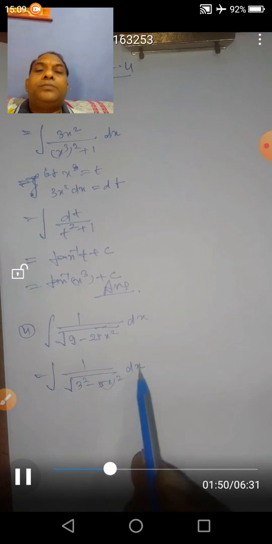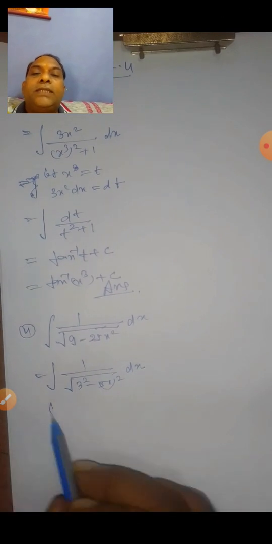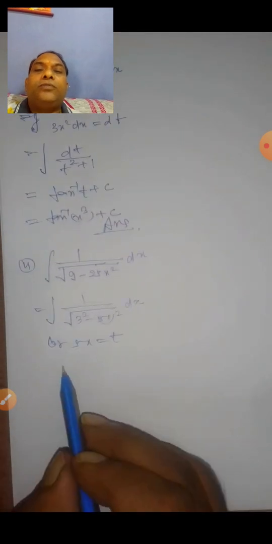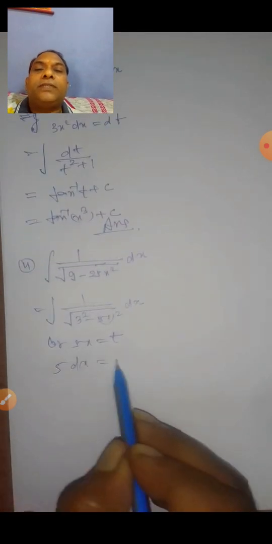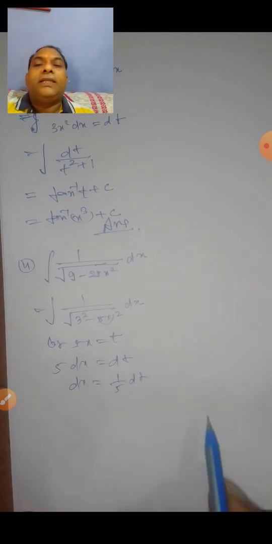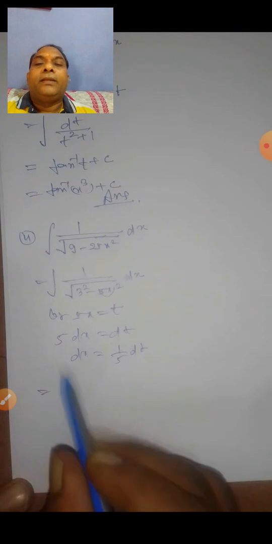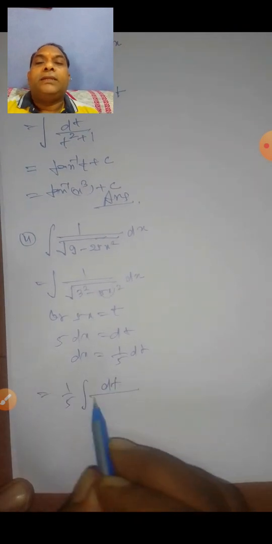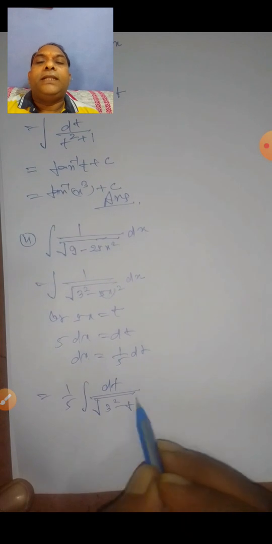So this will be equal to integration 1 upon root 3 square minus 5x square. Let 5x is equal to t, then 5 dx is equal to dt, dx will be 1 by 5 dt. So you can write it 1 by 5 integration dt upon root 3 square minus t square.